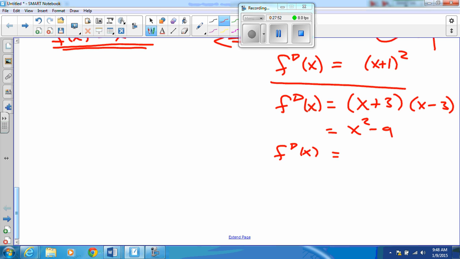What is another way to construct it besides constructing it out of 2 separate factors? What else could I do? You can do a shift down. I could do a shift down, couldn't I? I could start with something like 3x squared and I could move it down. How do I modify the equation for 3x squared? Minus something. That's right.